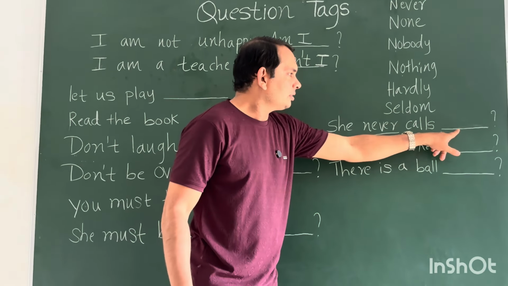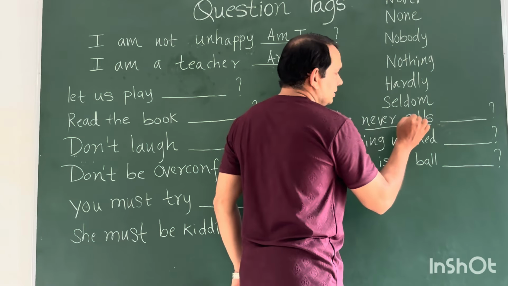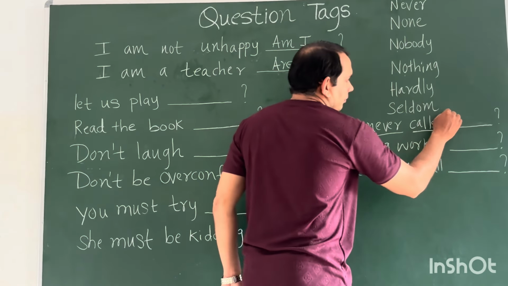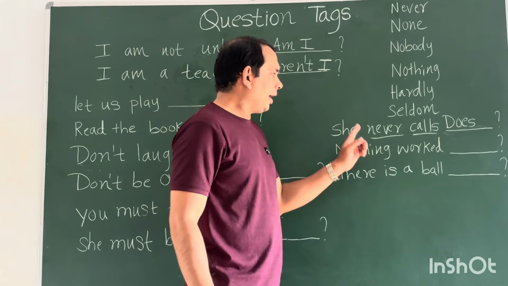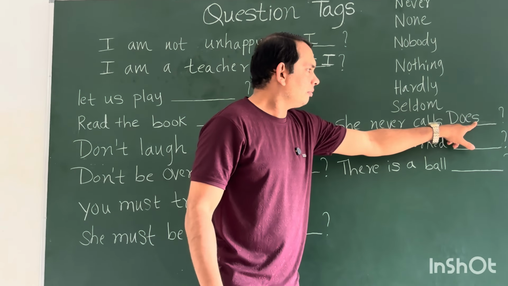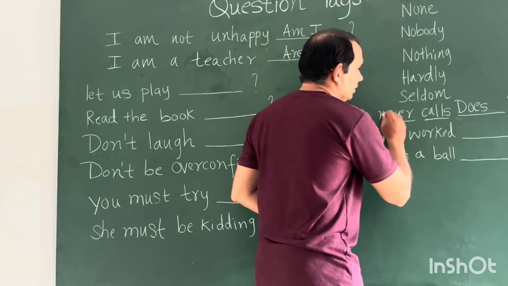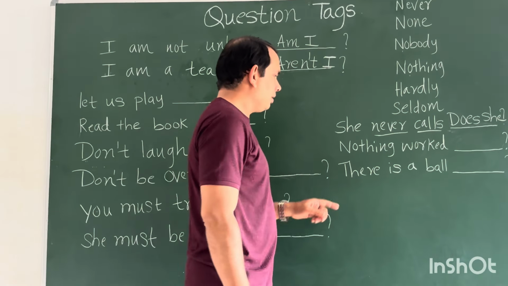This is in the present tense verb form. So we write does. Should we add not here? No, we should not, because this is a negative sentence. Does she. She is the subject. Does she is the answer.